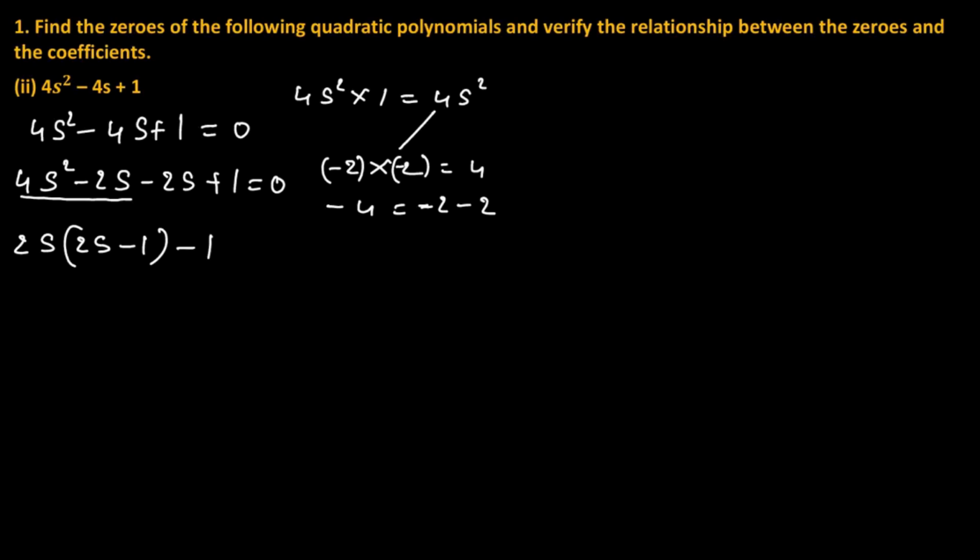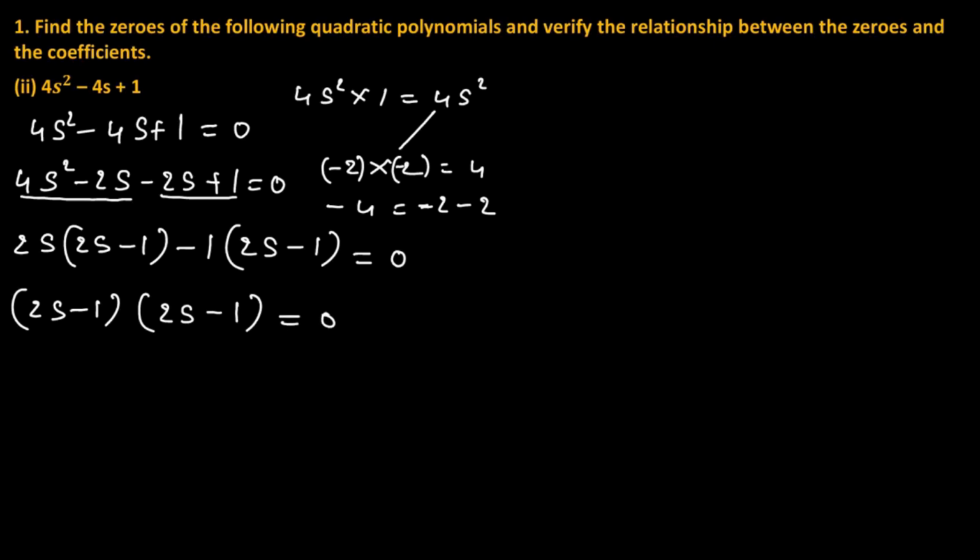In the other two terms, take 1 as common, the remaining will be again 2s minus 1. So in both terms, 2s minus 1 is common: 2s minus 1 into 2s minus 1 is equal to 0.